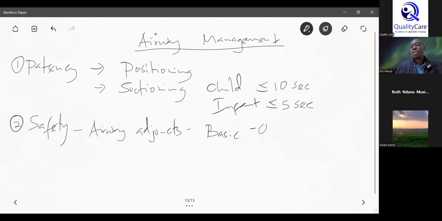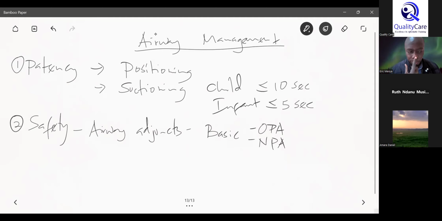Basic ones include the oropharyngeal airway and the nasopharyngeal airway. Ruth, how do we size a nasopharyngeal airway? From the corner of the nose, not tip of the nose, the corner of the.